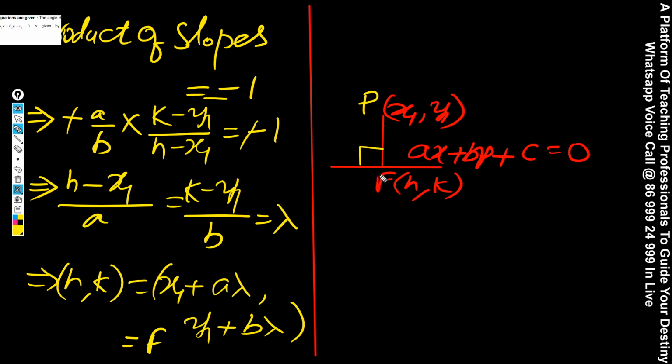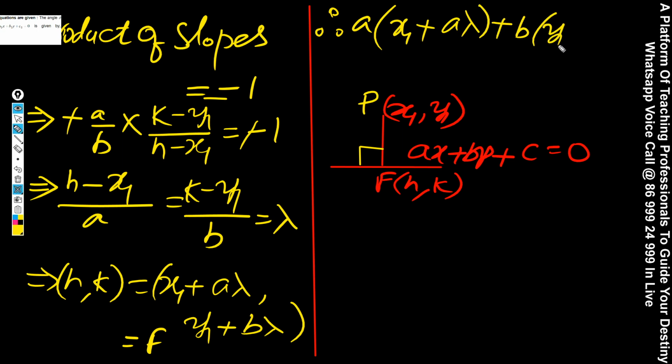Therefore, A into X1 plus A lambda, plus B into Y1 plus B lambda, plus C equals 0. Simplify this to get the value of lambda.